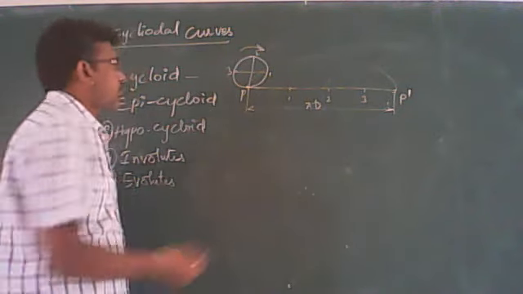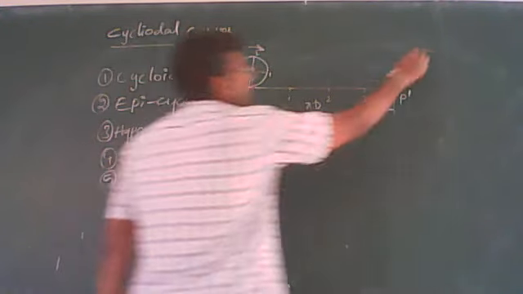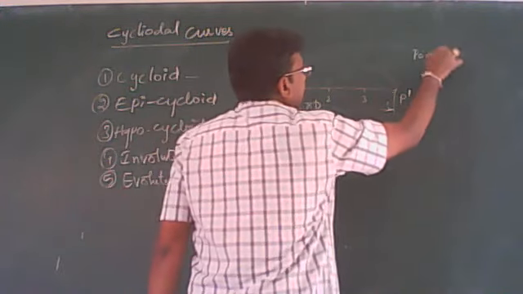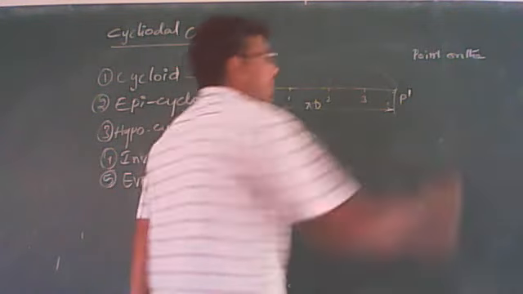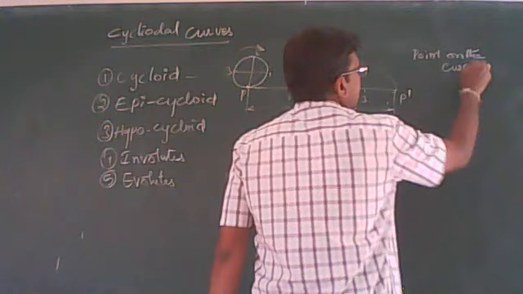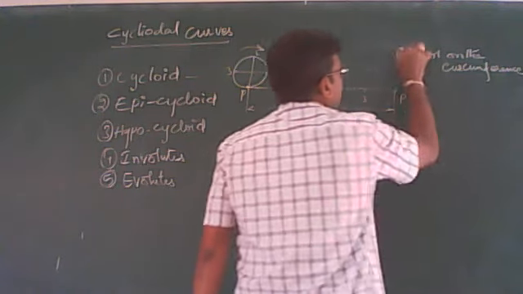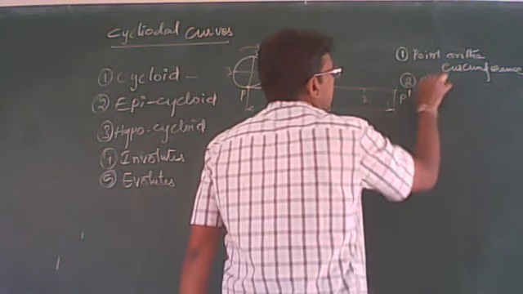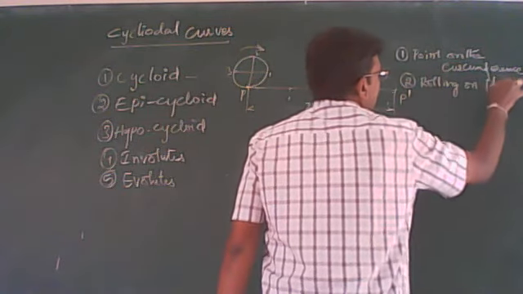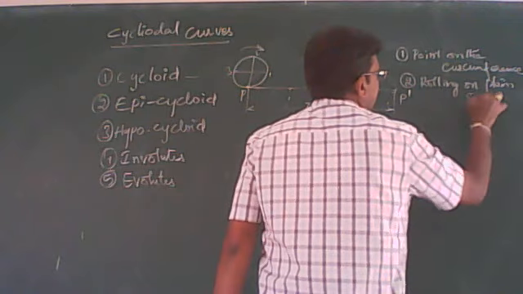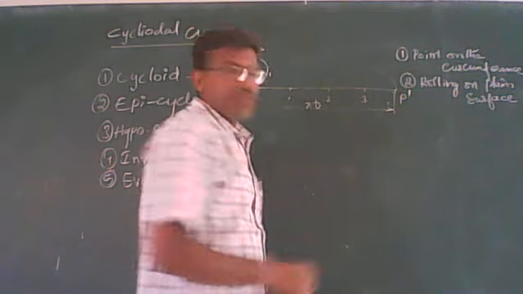And next, about the plane surface, you have to remember only one thing. First point: point on the circumference. Second point: rolling on plane surface.